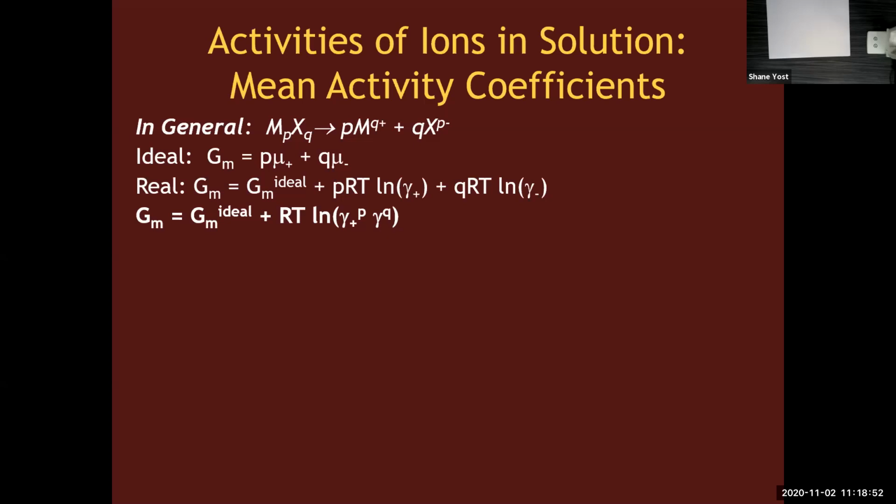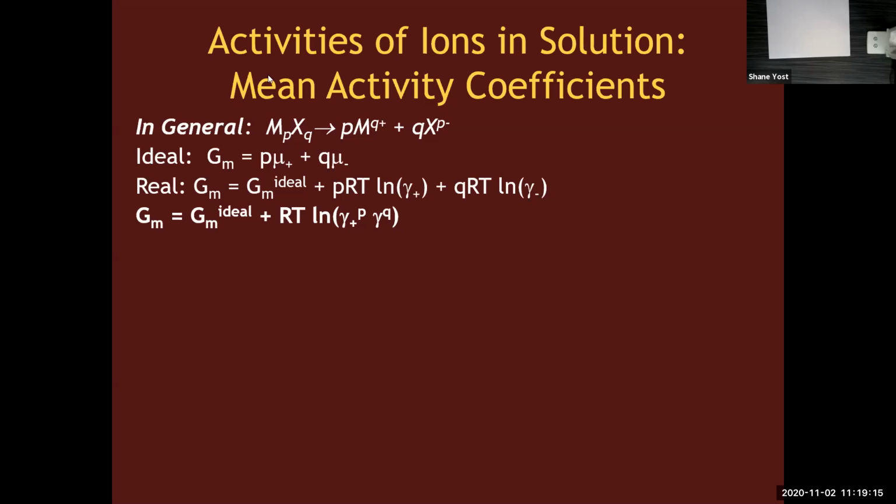So in the end you'll reach a point where you just can't keep on dissolving more and more of those ions in solution, and so again, that's why we need to consider these effective concentrations, the activities of ions in solution, particularly because of these coulombic interactions and such that go on.